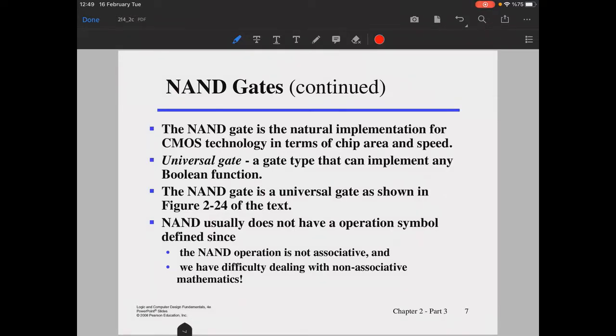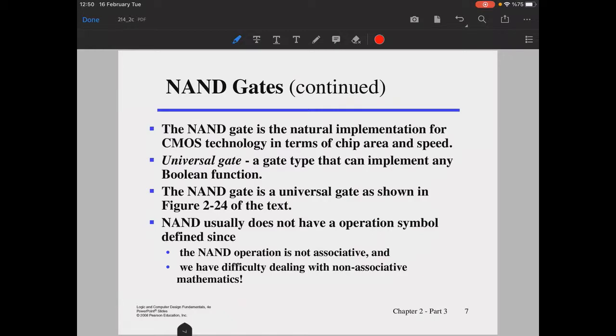You can implement the AND gates, OR gates, or whatever function you need using just the NAND gates. It's possible. We will see it in detail in NAND and NOR mapping sections. And usually it does not have an operation symbol. It is defined as a Boolean function because it's not associative, and it's hard to deal with non-associative mathematics. That's why it doesn't have an operation symbol of its own.